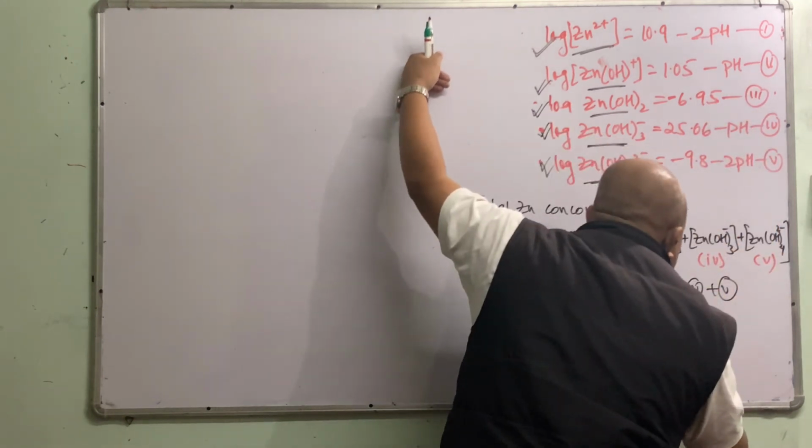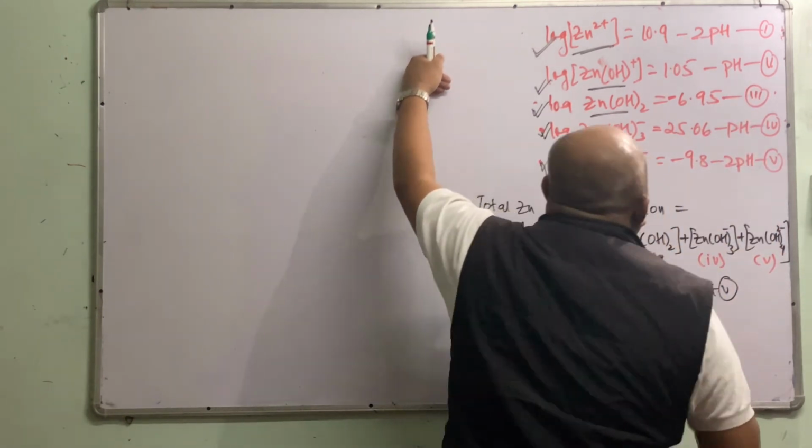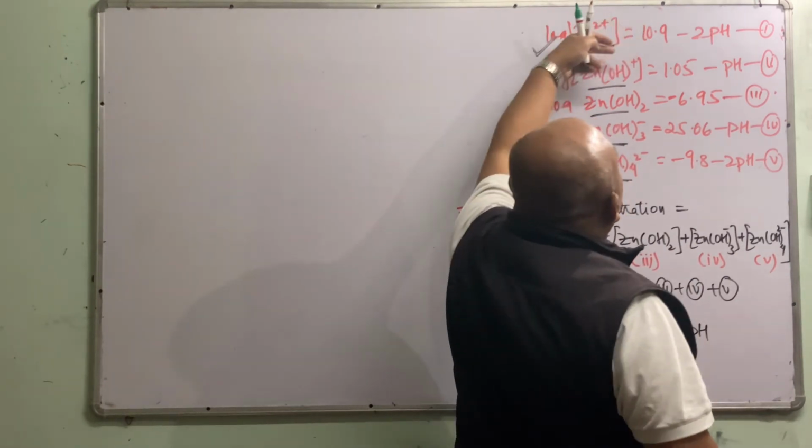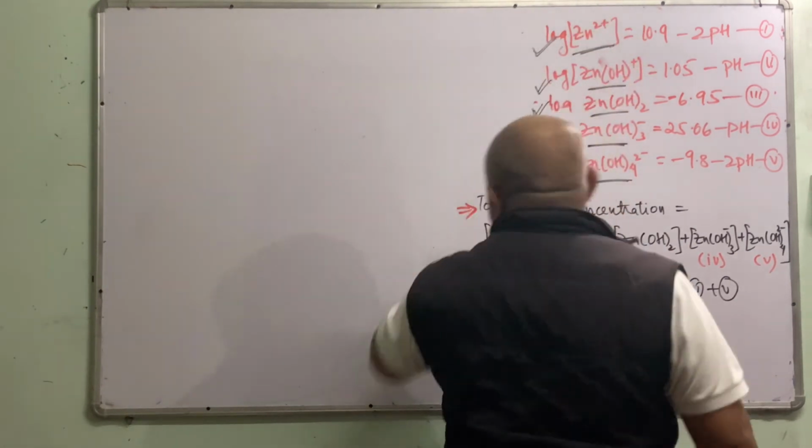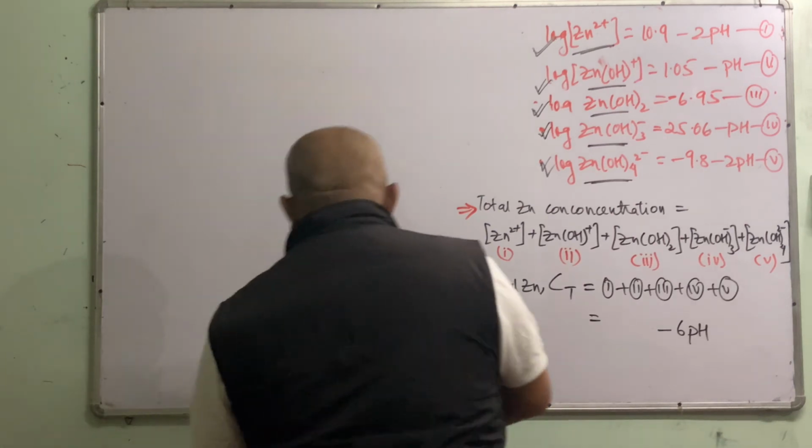So this is minus 6 pH. 10.9, 11.95. No, I'm not very good at maths.